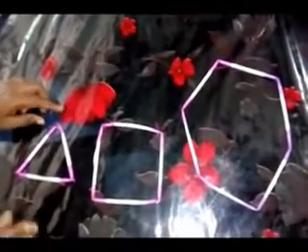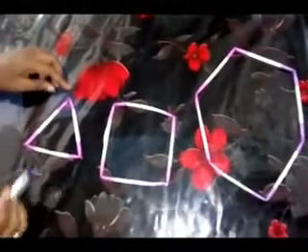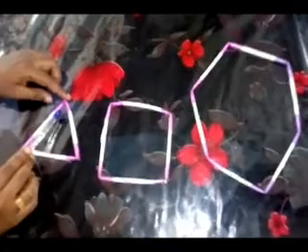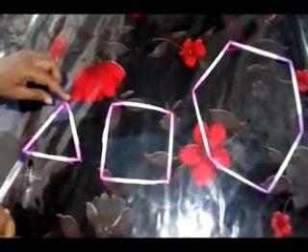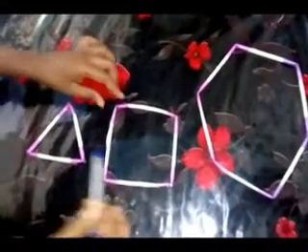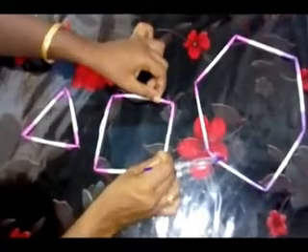Okay. Now take each shape and push it down. Observe the angles. Before that, observe each angle. This angle is less than the right angle. This angle also less than the right angle. This also less than the right angle. Here, this angle is a right angle. This angle also a right angle.